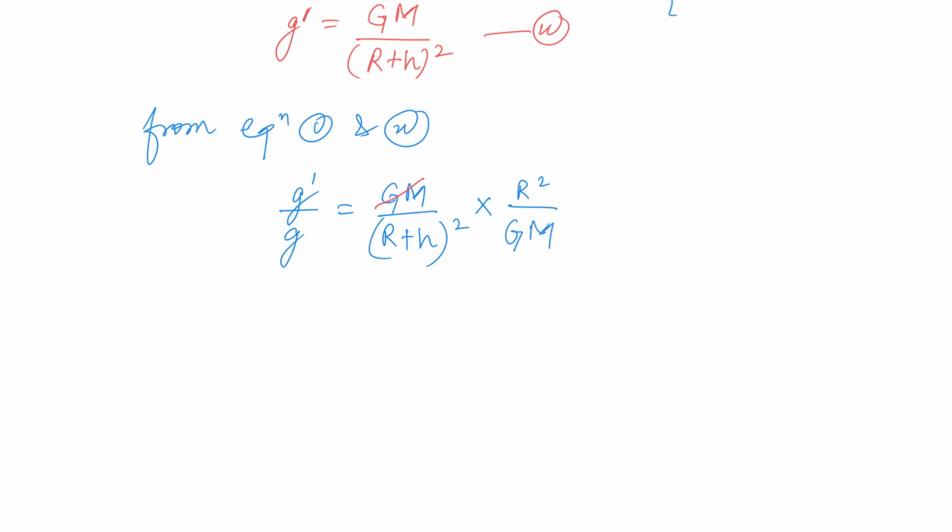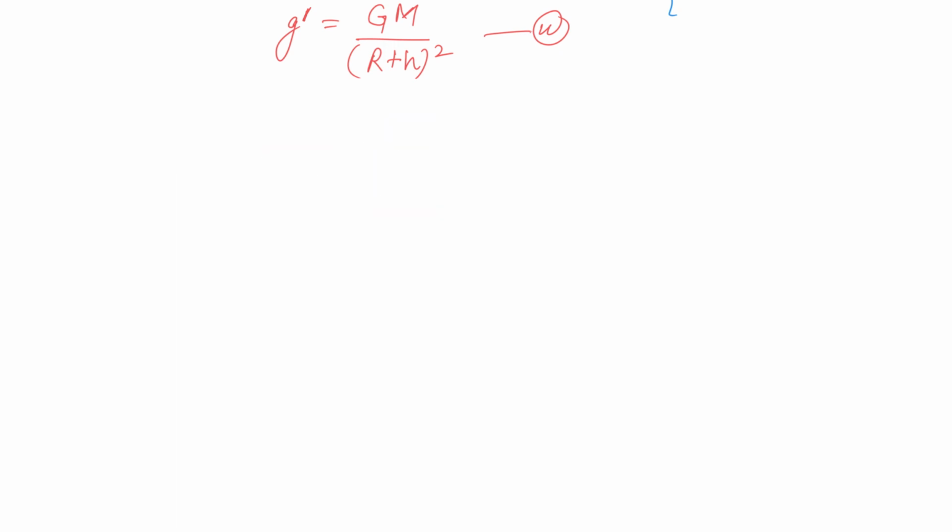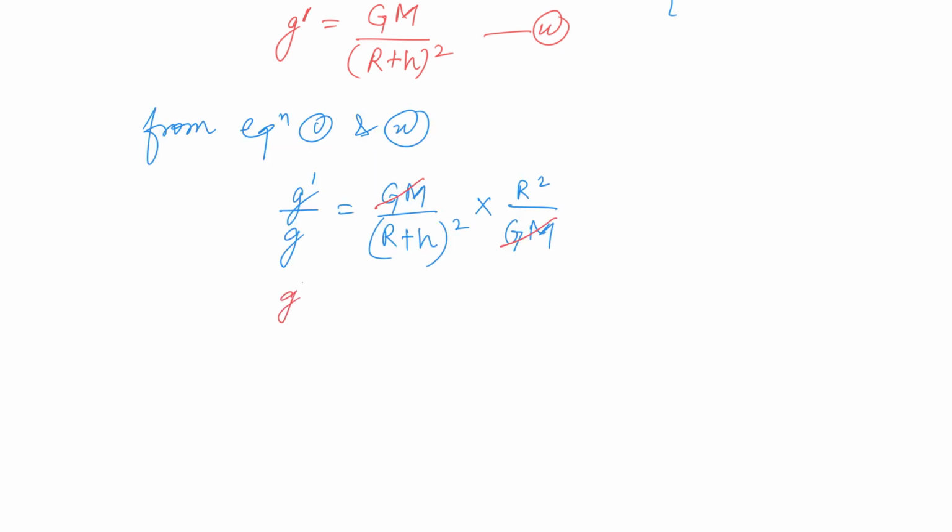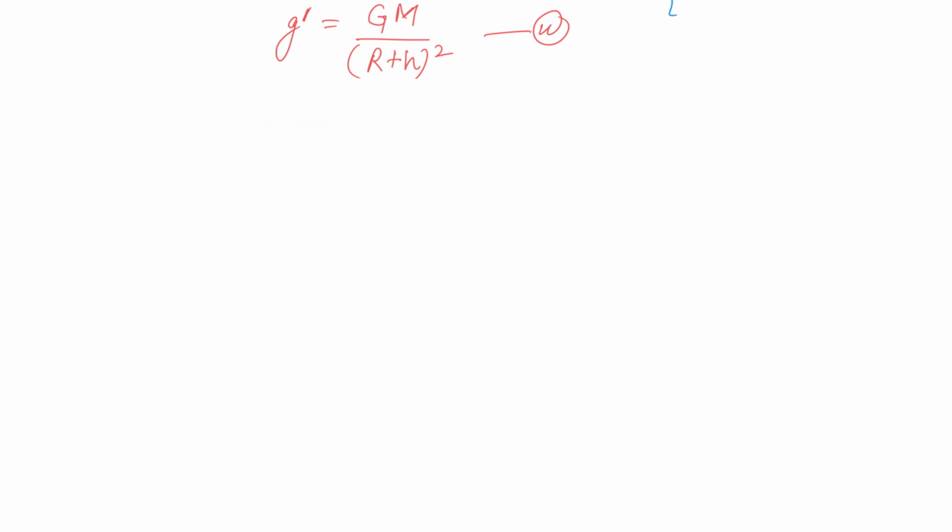This GM will be cancelled, and we will get g dash equals small g R upon R plus h whole square. This is equation 3.